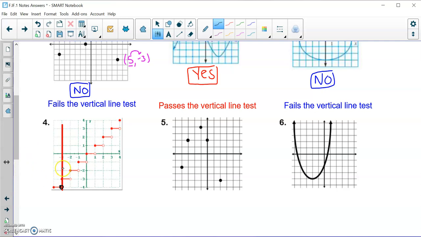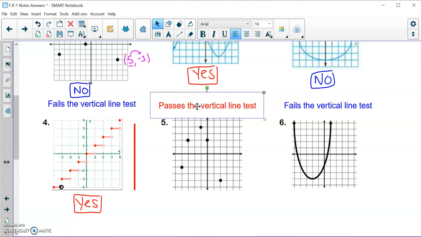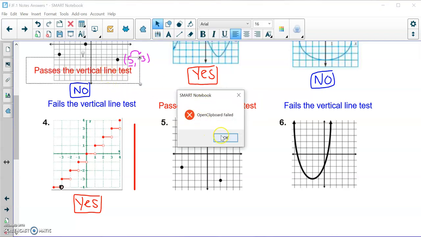So, in fact, this constitutes as us passing the vertical line test. Same thing at this point. Because of that open dot, that's actually not a point on the graph. And same thing for the rest of this graph. It looks like it passes the vertical line test. So yes, vertical line test.